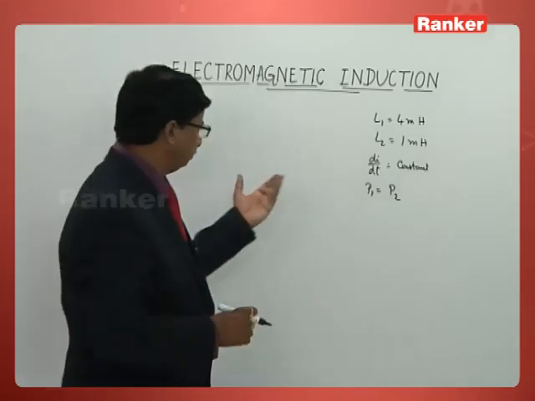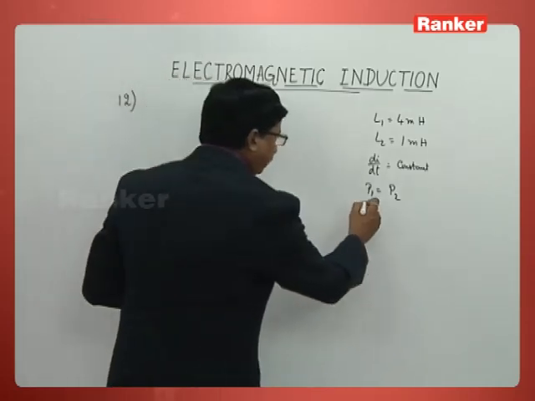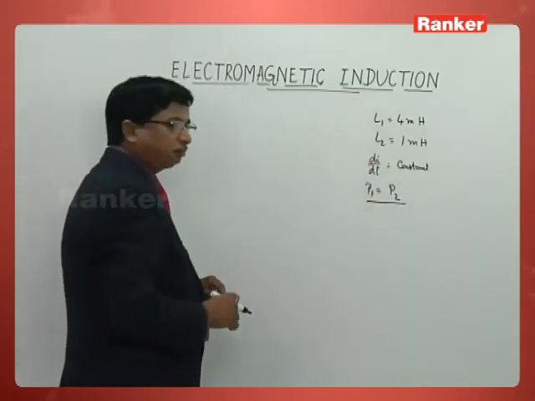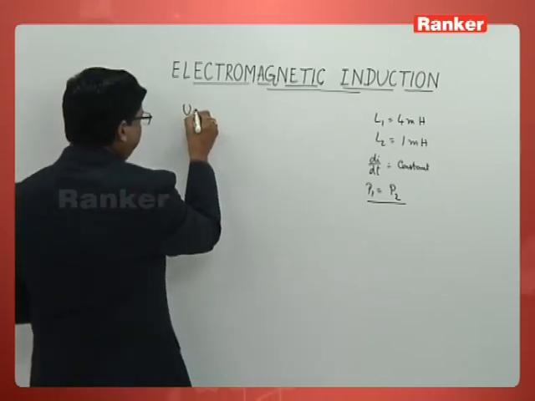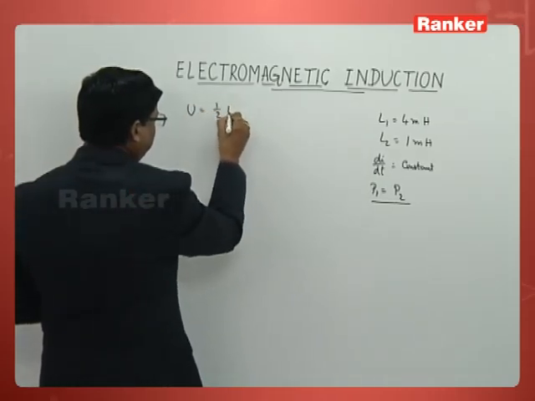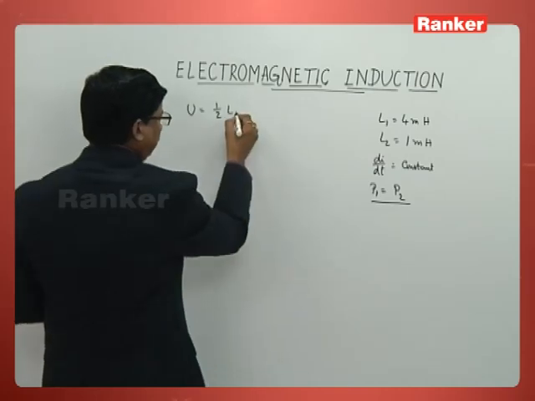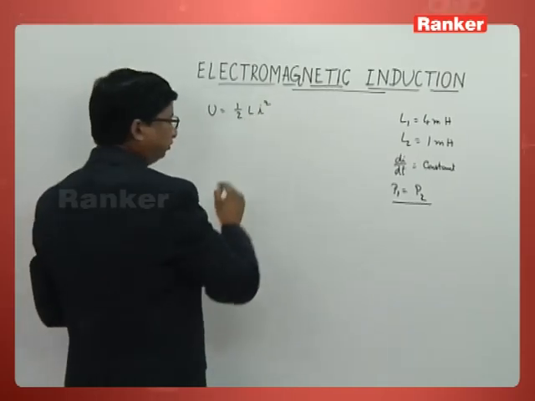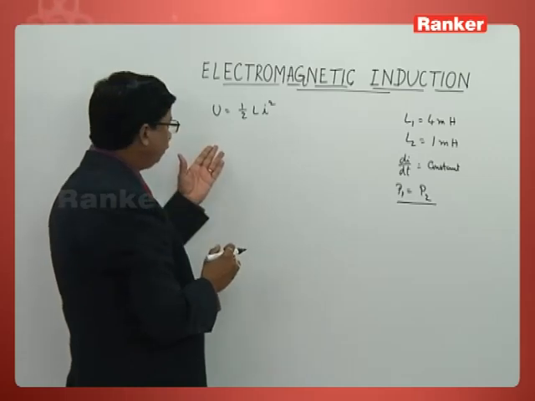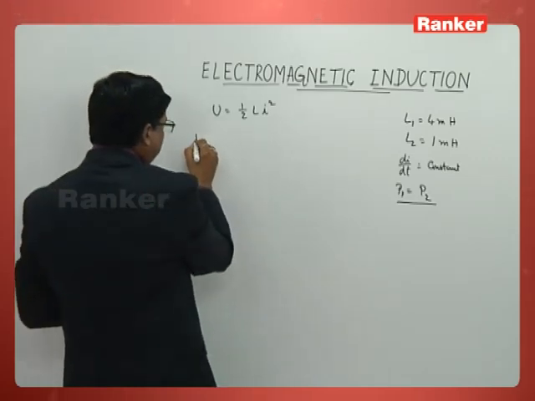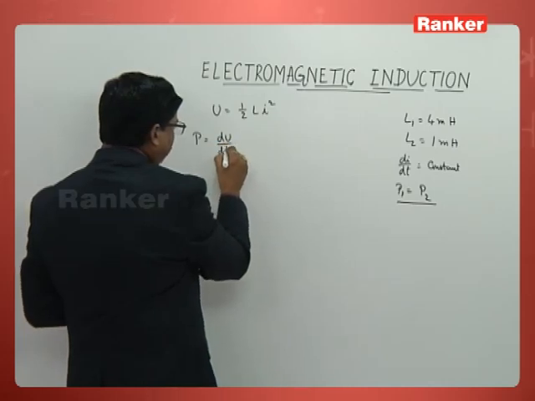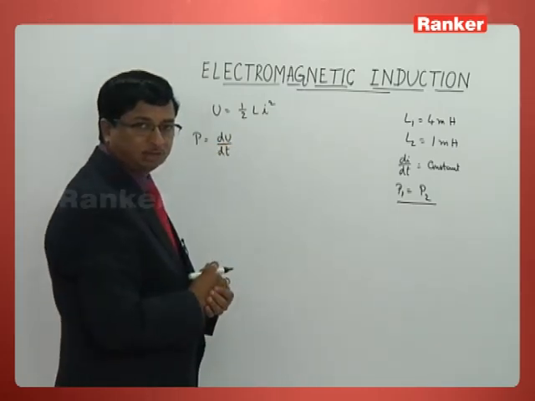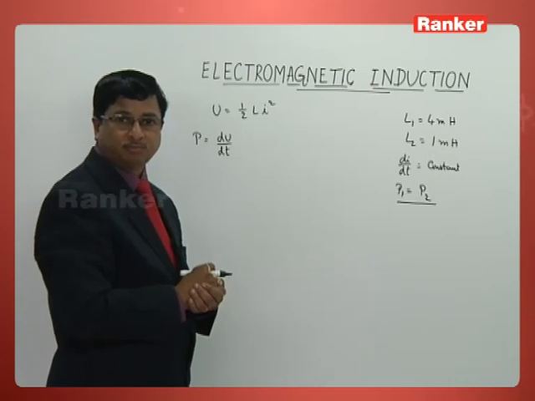What can you think of for this? This is in fact the clue for you. As such, we know the energy stored in any coil is half L i square. Already we have discussed this earlier. Now power becomes the rate of doing work or the rate of energy.